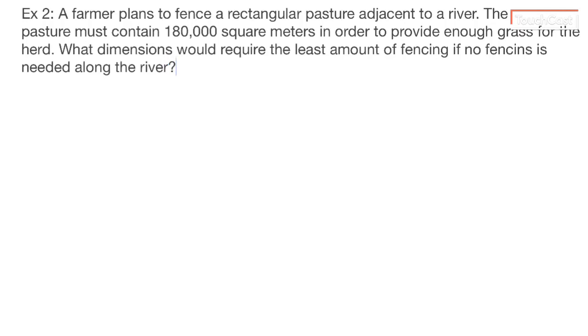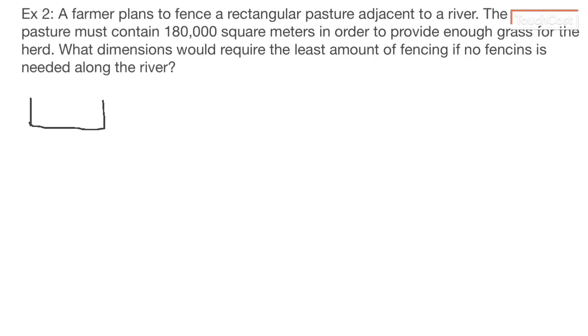So when we're solving this problem, you don't have to write this part down. Think of a rectangle. The amount of fencing we need is the perimeter, but we're assuming we don't need fencing along the river.